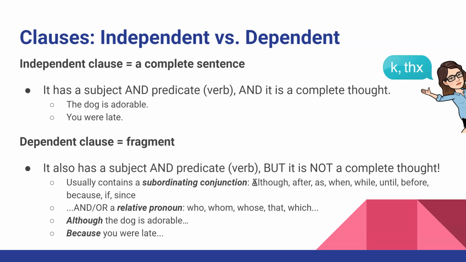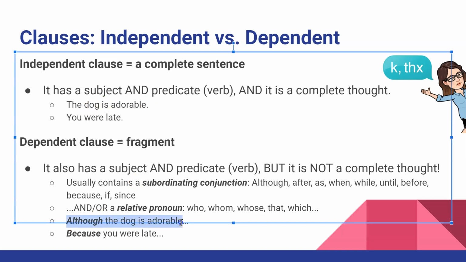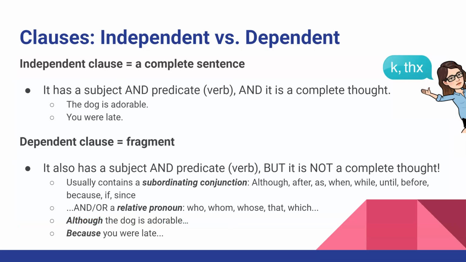Okay? So if I said the dog is adorable, like up here, that could be a complete sentence, but if I add the word although at the front, although the dog is adorable, like, you're waiting for me to finish the sentence. The word although, aka the subordinating conjunction, basically ruined it.